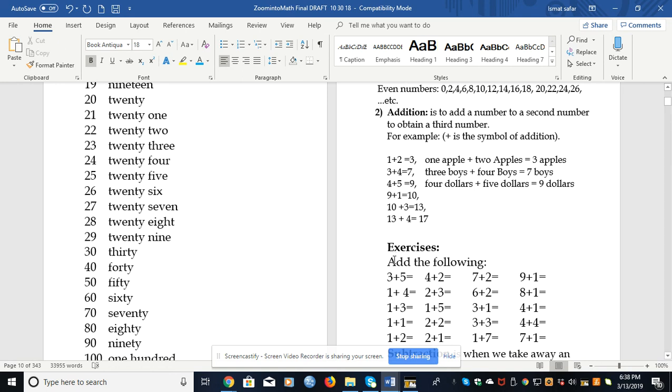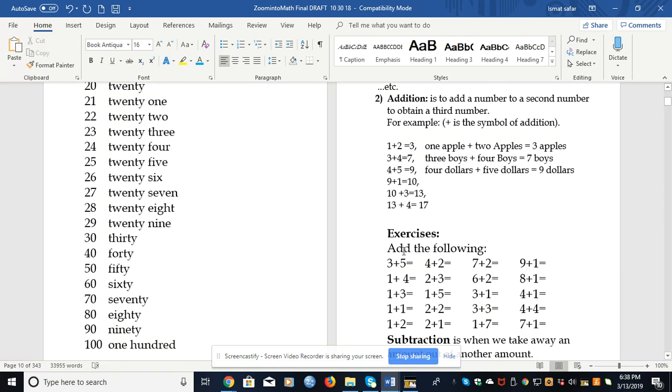Now, 3 plus 5 is what? 3 plus 5 is 8. So if we have 3 apples plus 5 apples, the answer is 8. And 4 plus 2 equals 6. 7 plus 2 equals 9. 9 plus 1 equals 10.